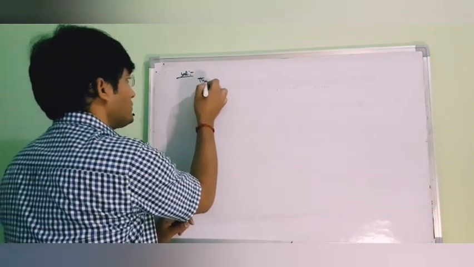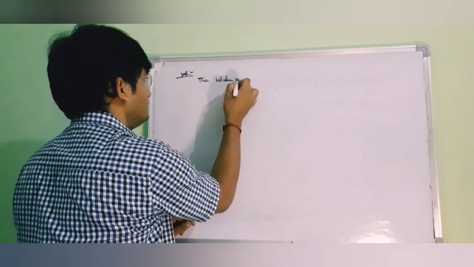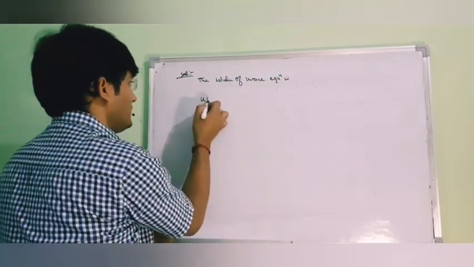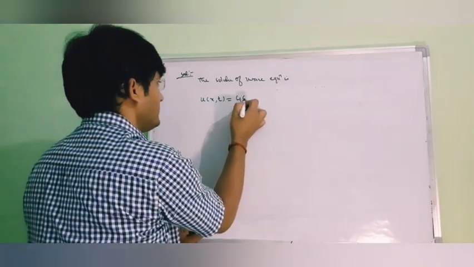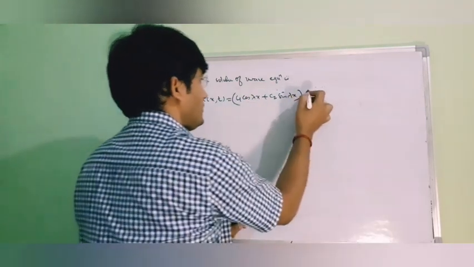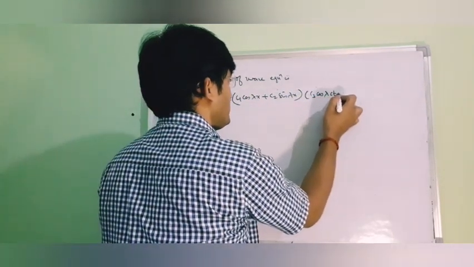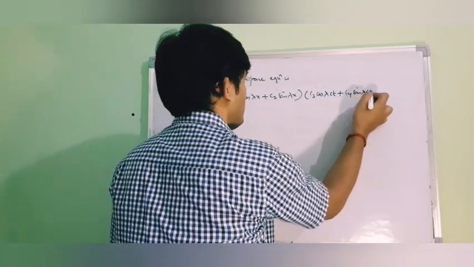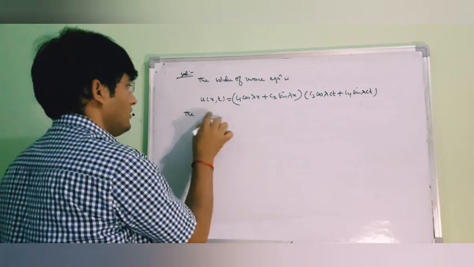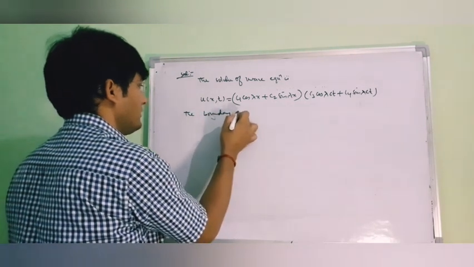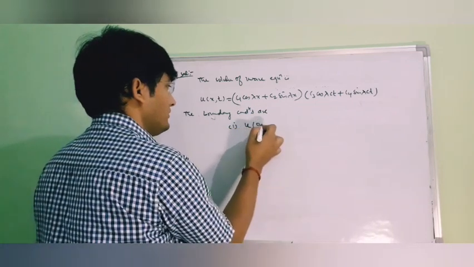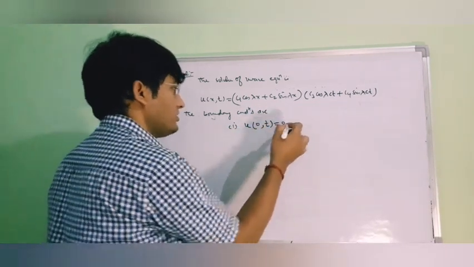The solution of the wave equation is u(x,t) equal to (c1 cos lambda x plus c2 sin lambda x) times (c3 cos lambda ct plus c4 sin lambda ct). The boundary conditions are: when x is 0, your displacement is 0.